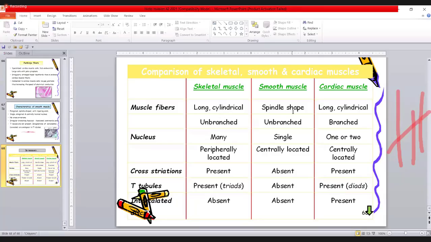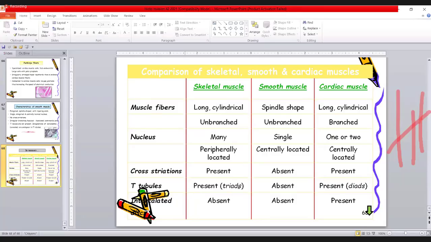They do not have such arrangement of actin and myosin filaments. Do they have actin and myosin? Yes, they have, but they are not arranged in alternating light and dark bands. That's why we call it smooth muscle, because the cytoplasm appears smooth, with no alternating light and dark arrangement of actin and myosin fibers, right?